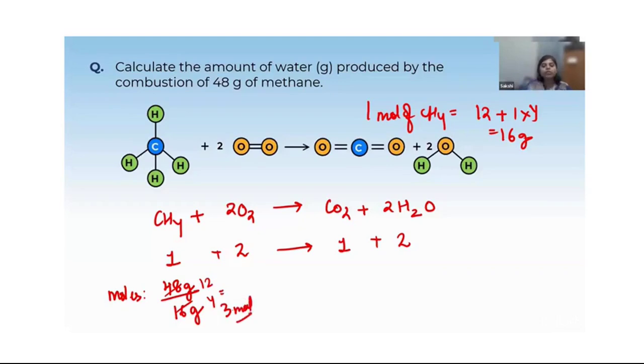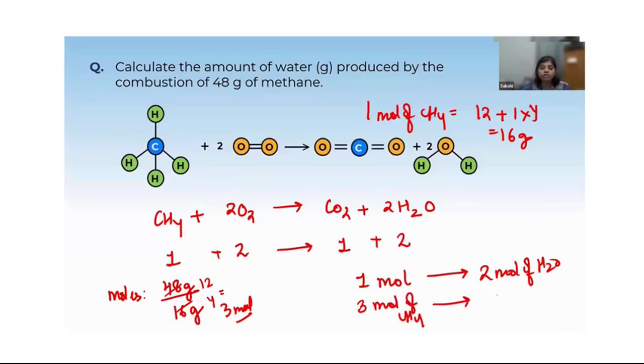Now everything goes in accordance with the stoichiometry. 1 mole of methane gives 2 moles of H2O. But now I have 3 moles of methane, so 3 moles will give me 6 moles of H2O.